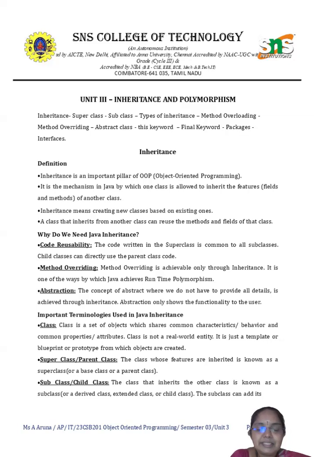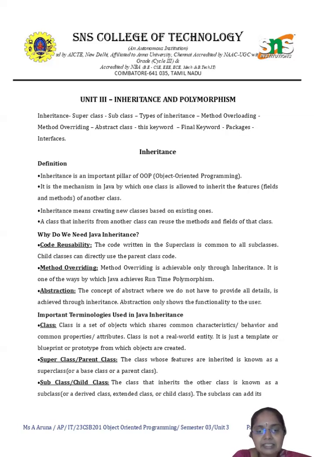We can use the same method everywhere, so we call it runtime polymorphism. It can be achieved only through the inheritance concept. And also abstraction: we hide the details and show only the functionality in my classes. This is also achieved by using Java inheritance.